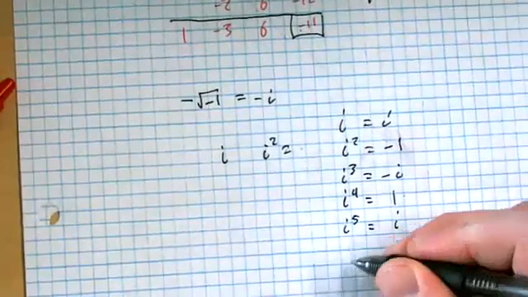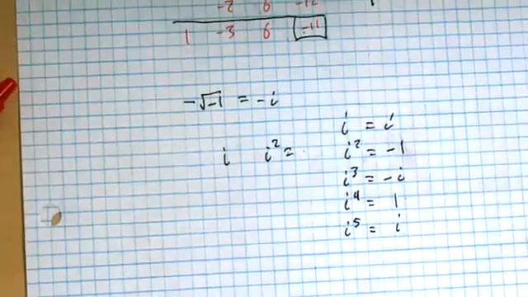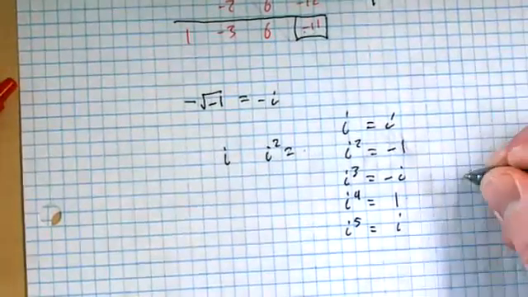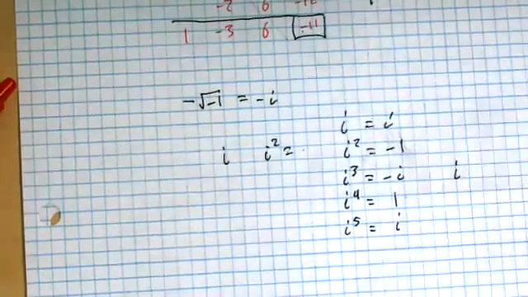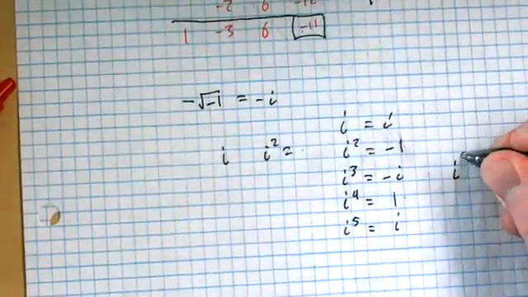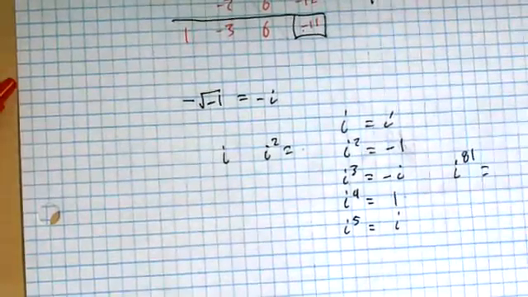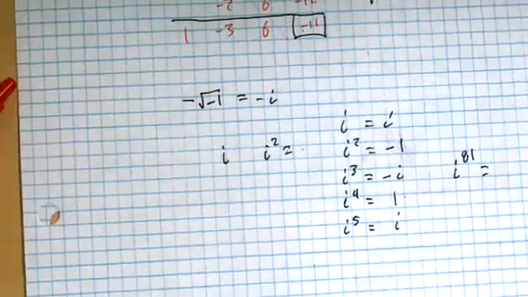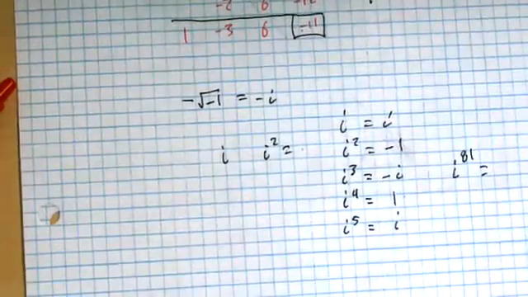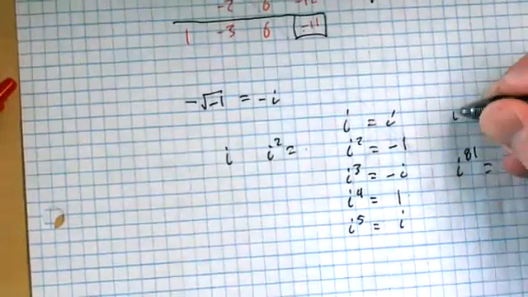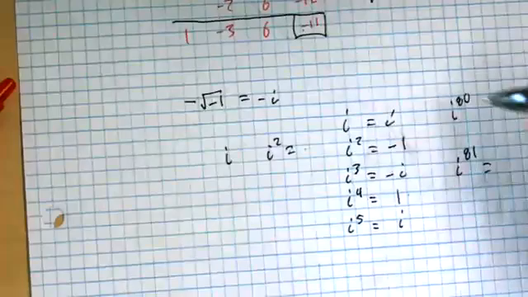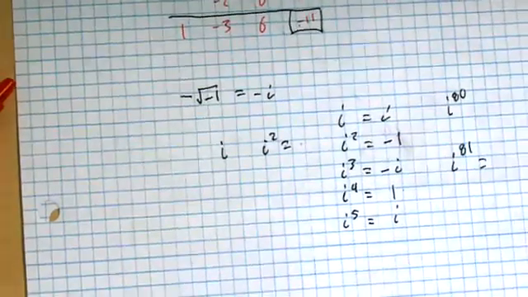And then it just repeats. So there's kind of 4 things, and it just kind of repeats over and over and over again. In a lot of pre-calc textbooks, they'll throw a question in there. They'll say, like, what is i to the 81st power? Well, I would think to myself, what's i to the 80th power? 80 is divisible by 4.